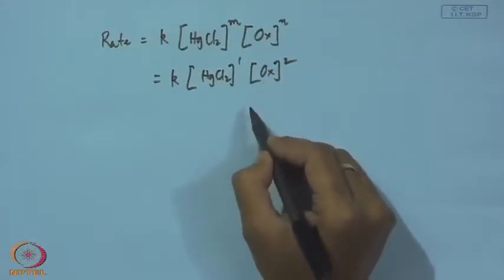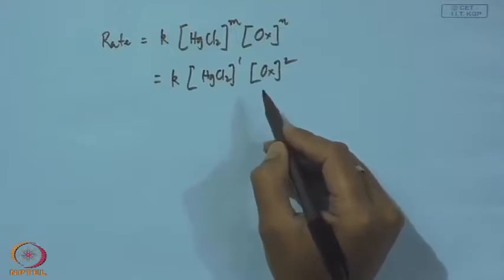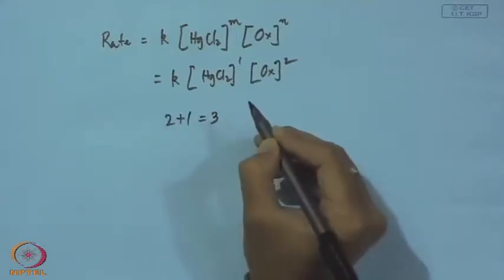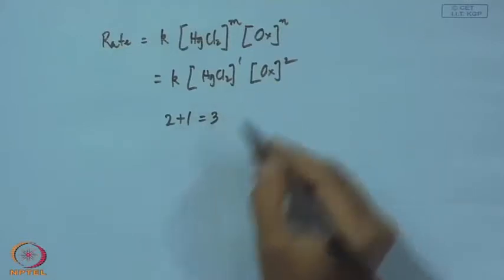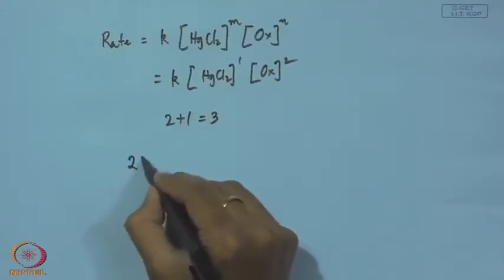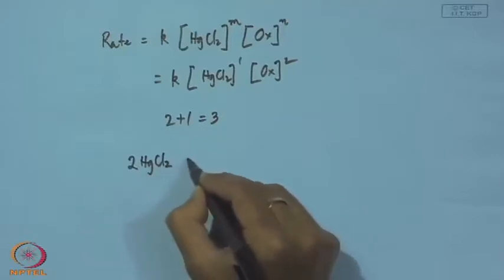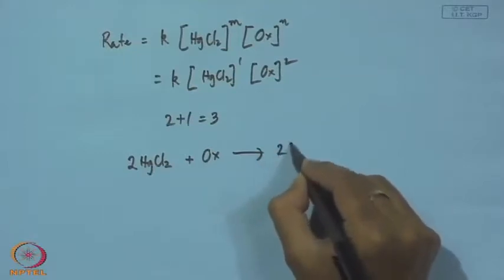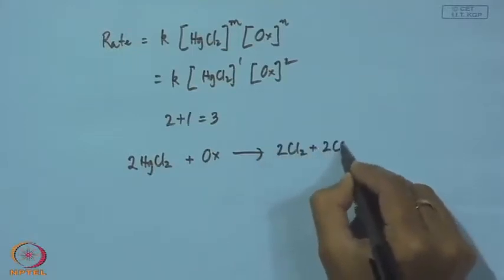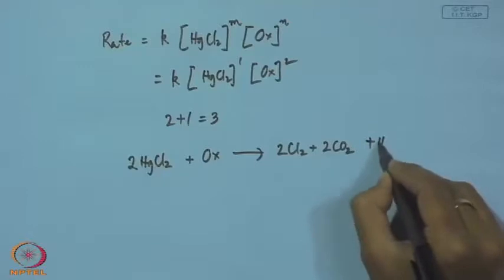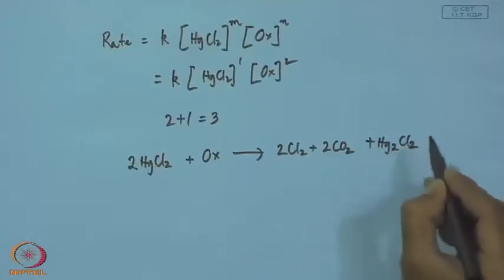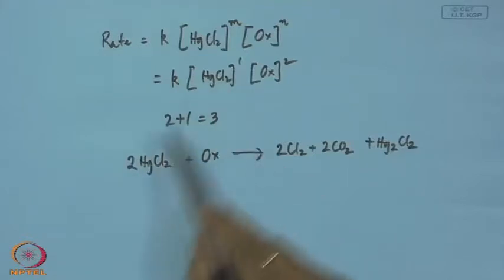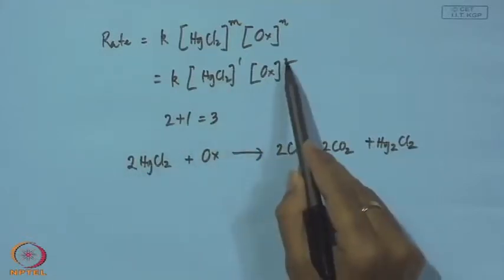Therefore, what is the overall order? Overall order is 2 plus 1, equal to 3. Again you see that although your chemical reaction was 2 HgCl2 plus oxalate producing 2 Cl2 plus 2 CO2 plus Hg2Cl2, the rate equation is first order where the stoichiometry is 2, and second order where the stoichiometry is 1.